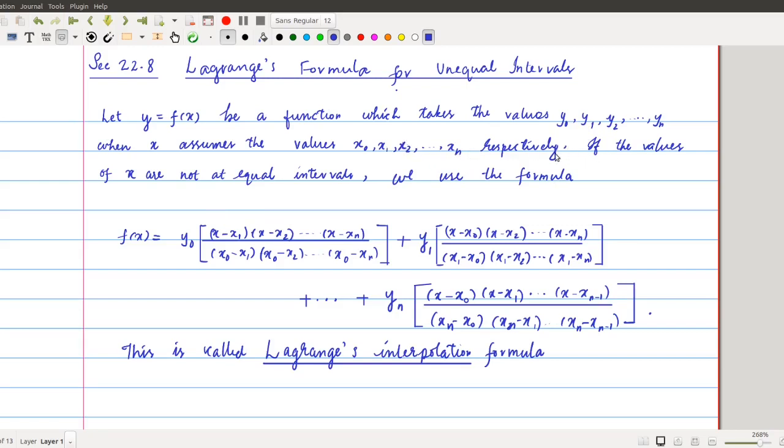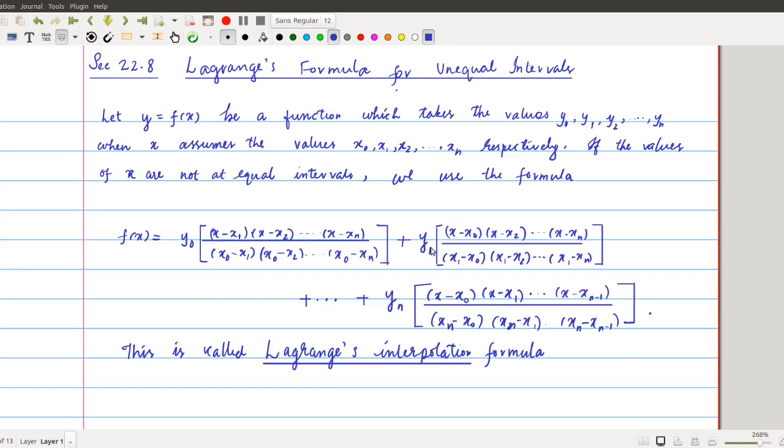If the values of x are not at equal intervals, that means the differences between consecutive numbers x0, x1, x2 are not equal, then we use this formula: f of x equals y0 times, where y0 is f of x0, x minus x1, x minus x2, etc., x minus xn. So we avoid x minus x0 in the numerator, and in the denominator we avoid x0 minus x0, because that would become 0.